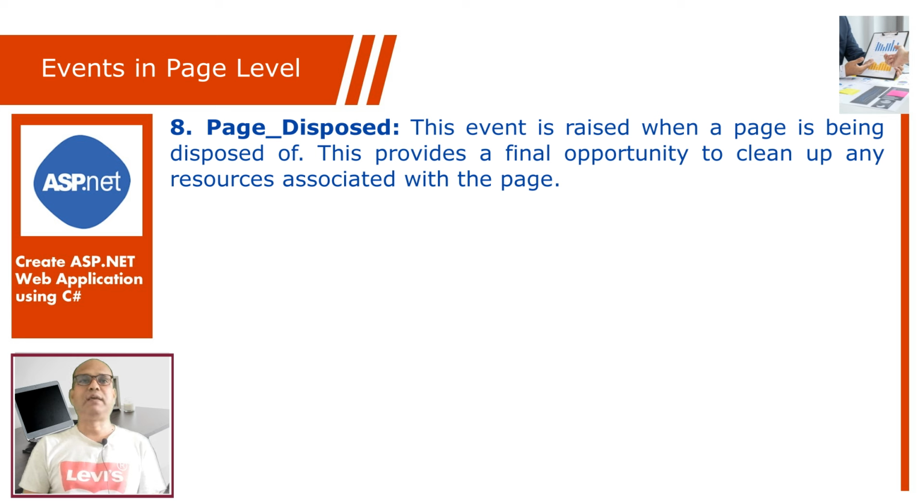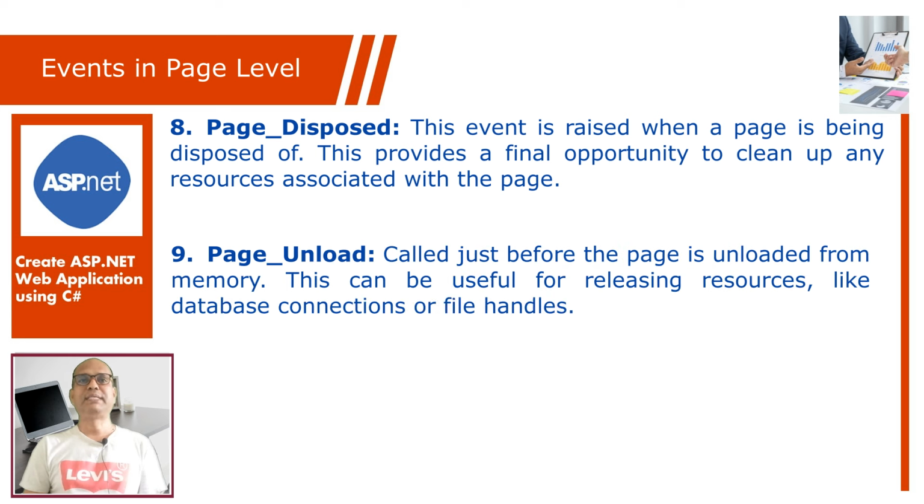This provides a final opportunity to clean up any resources associated with a page. Number 9, Page Unload, called just before the page is unloaded from memory. This can be useful for releasing resources like database connections or file handles.